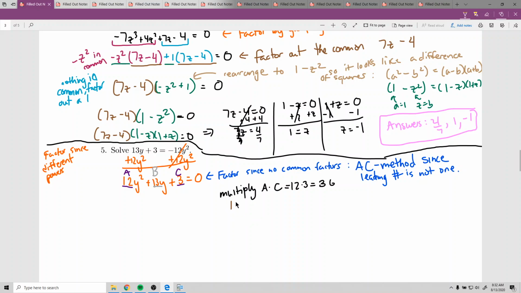We want two numbers that multiply to this 36 and add to the middle part, which is 13. A little bit different than before because our A is 1 in the previous problem. Two numbers that multiply to 36 and add to 13 would be 4 and 9.